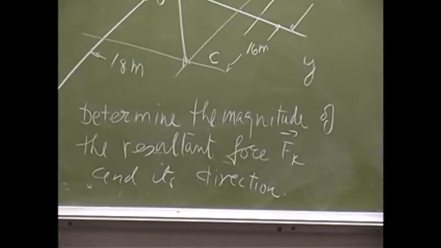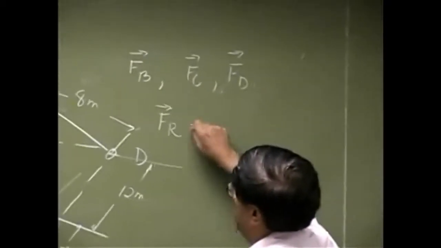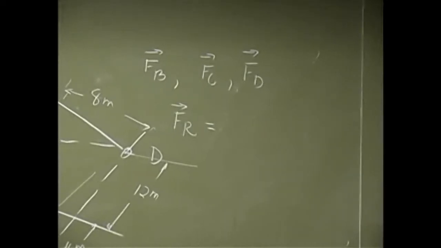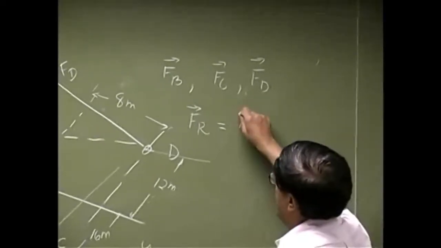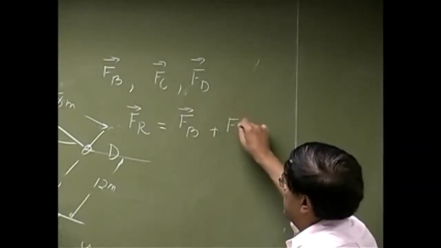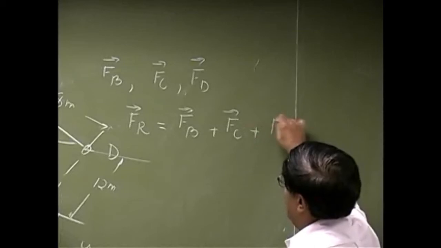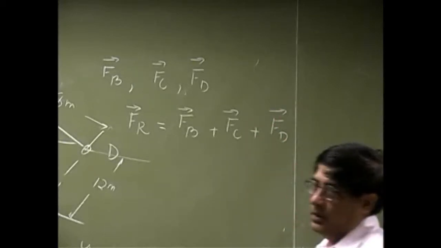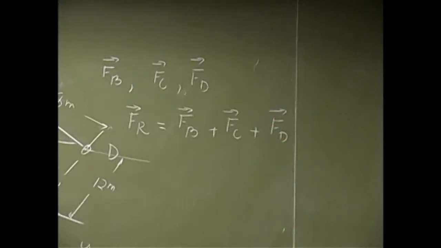So we're looking for the force Fr, which is the resultant force, and it's going to be the sum of the force vector Fp plus the force vector Fc plus the force vector Fd. So that's the state equation where you have three forces acting at the same point, and all you are doing is just adding those three force vectors, and that should give you the resultant.